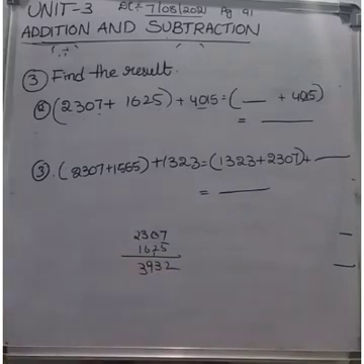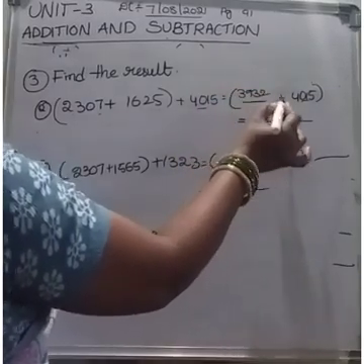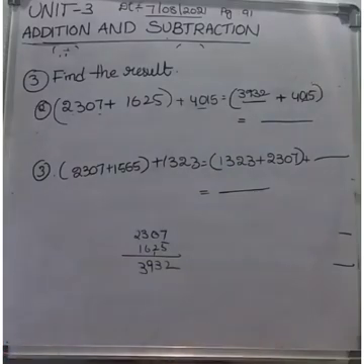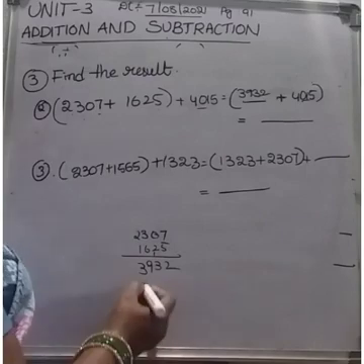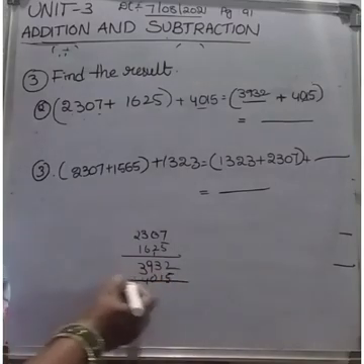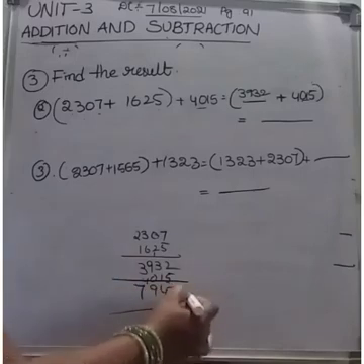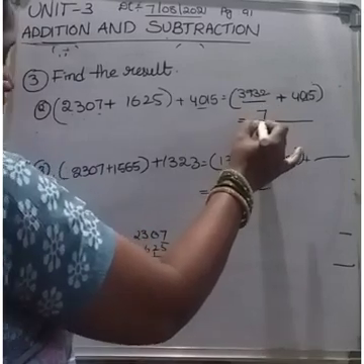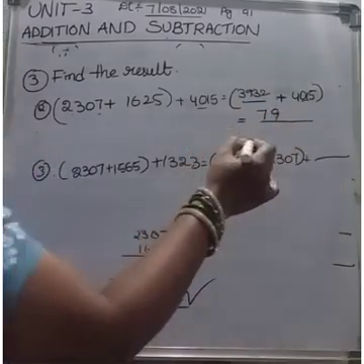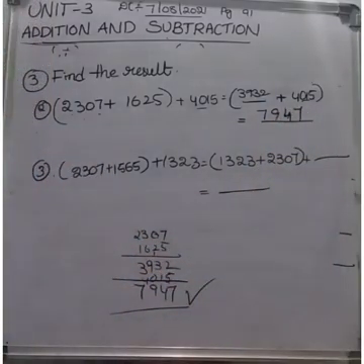So what we get? 3932. In this also plus is there, no? So we have to add 3932 plus 4015. 5 plus 2 is 7, 4 9 7. What total do we get here? 7947. So we write here 7947. Is it clear?